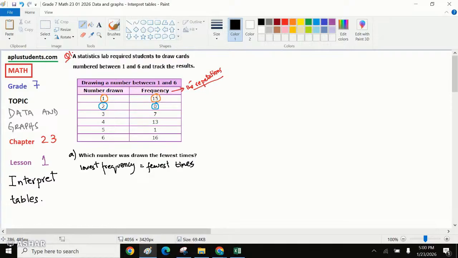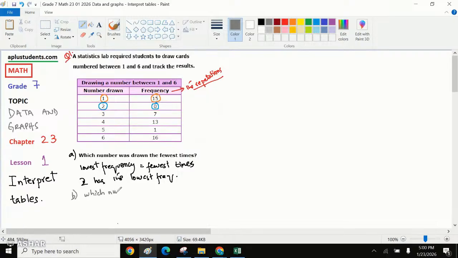What number can we see which has the lowest frequency? 2 has the lowest frequency, right? That means since 2 has the lowest frequency, 2 was drawn the fewest times. That means 2 was never drawn because it was 0. Agreed?